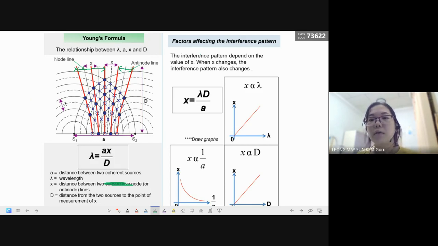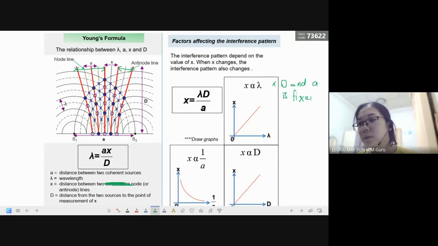Okay, so now the interference pattern depends on the value of x. So how can we change x? From the formula itself, please do take note on this graph. x is directly proportional to the wavelength, which means that in this situation, the distance and a are fixed.